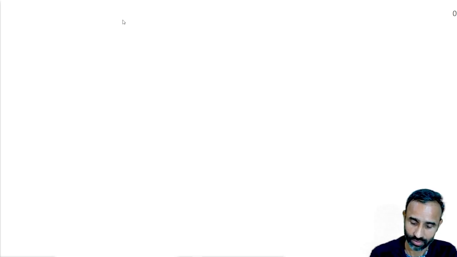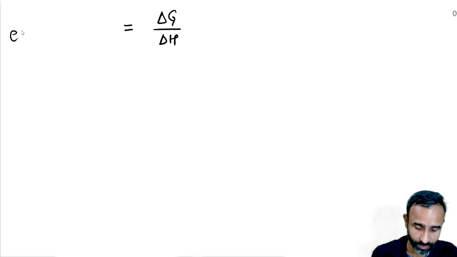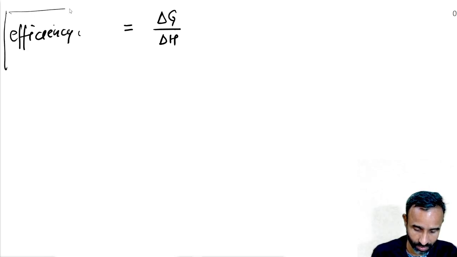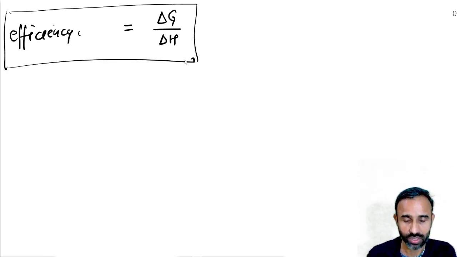Then, Carnot cycle, is it there in physics? Okay. So you know the efficiency of a cycle is delta G by delta H. Because delta G is the useful work done, and delta H is the input.